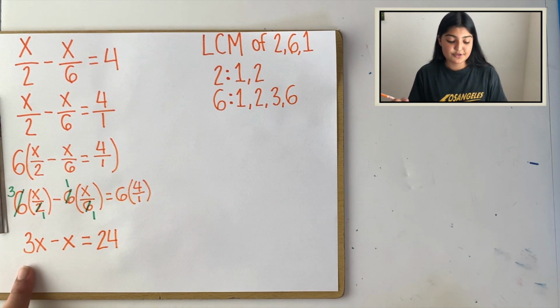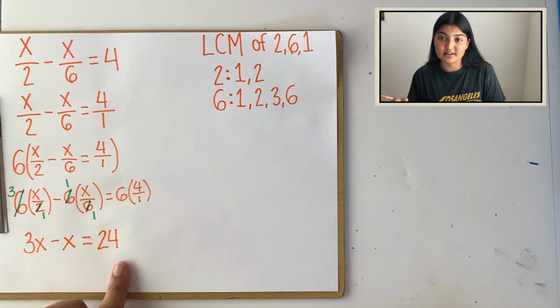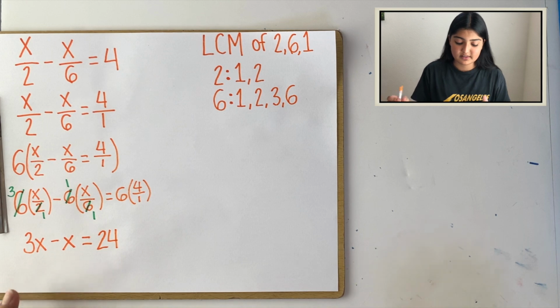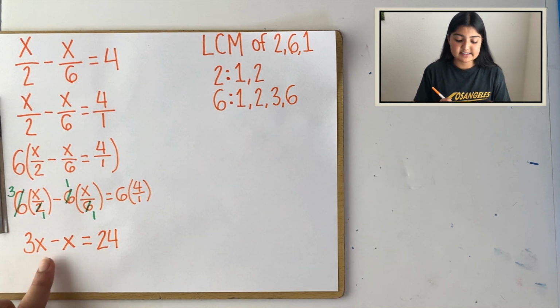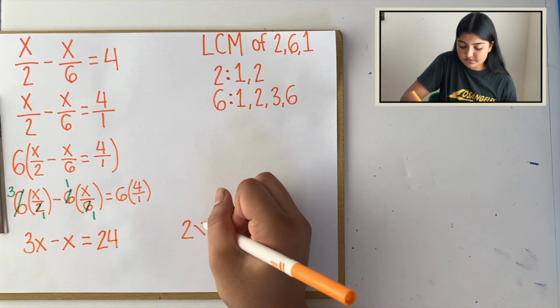So, 3x minus x is equal to 24. This looks a lot easier. Now, let's simplify the left side of this equation. 3x minus x is 2x.